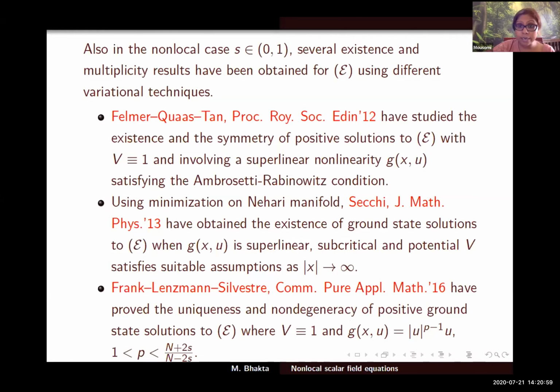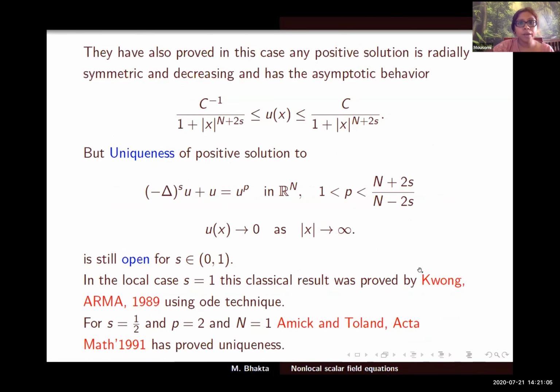But the full uniqueness is still an open problem. Also I forgot to mention that Frank, Lenzmann and Silvestre have shown that any positive solution is radially symmetric, and it has this asymptotic behavior: at infinity it decays at this rate. It's the exact asymptotic behavior.